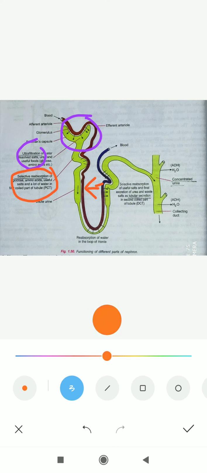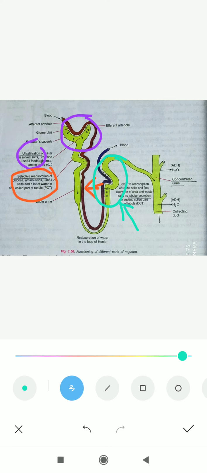Now the next step is tubular secretion, and this is performed in the next part of the renal tubule, that is the distal convoluted tubule. Here the unwanted substances which were present in the blood vessel are now secreted into the distal convoluted tubule, that is DCT.